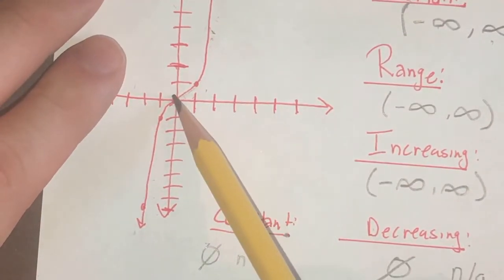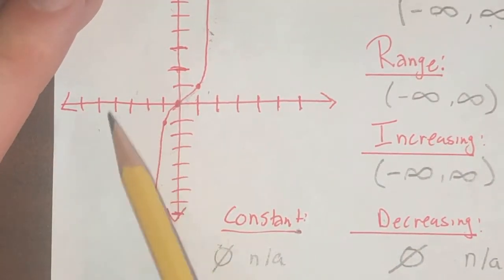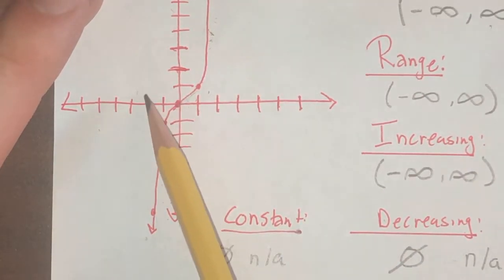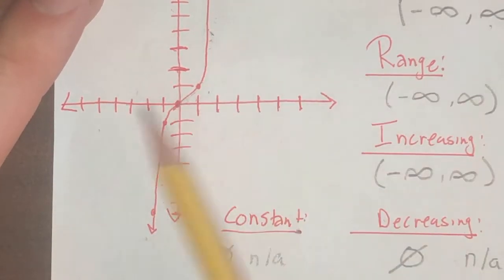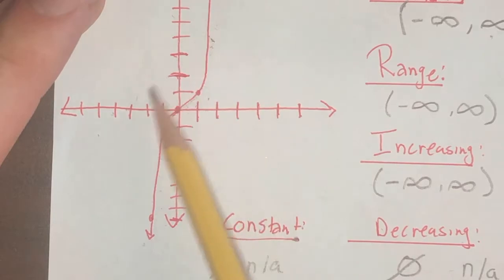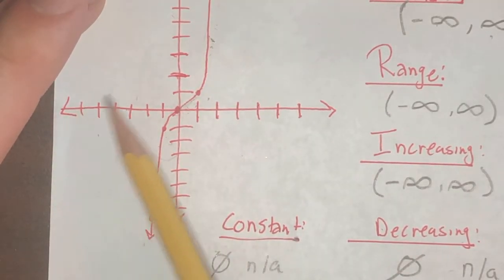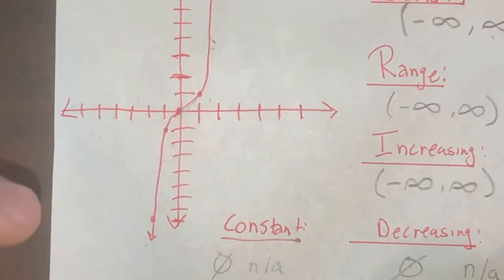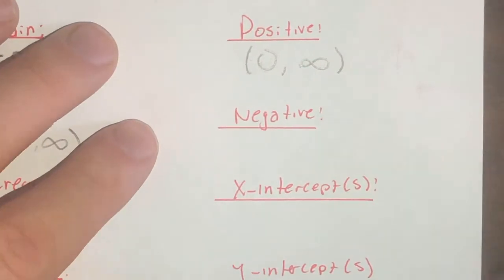Negative, where's the function negative? Well, it's negative from when x is equal to -infinity, all of the negative values of x, right? -1, it's negative. -2, it's negative. -3, if you plug in -3, you get -27. -4, because you're cubing, you get -64. -5, -125, etc., etc. So these are going to be all negatives, and it's going to make y negative.